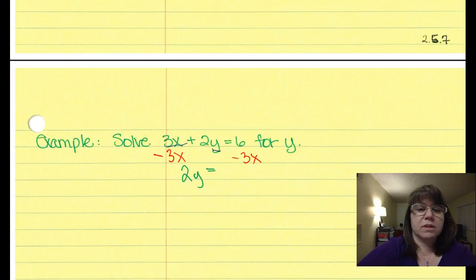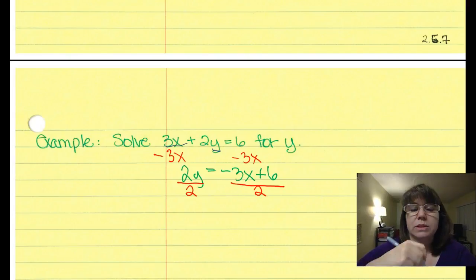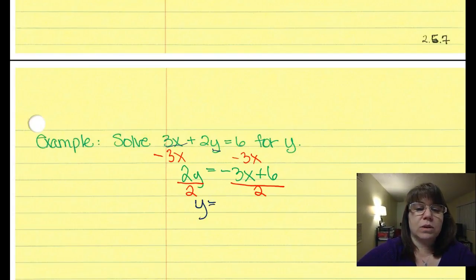Now I have 2y equals negative 3x plus 6. Now it doesn't matter if you said 6 minus 3x or negative 3x plus 6. Same thing. The next thing I need to do is what's happening to y. Right now I'm multiplying by 2, so I just need to divide by 2. Divide by 2, the whole entire side, not just one little old thing. Now I'm left with y equals negative 3x plus 6 all over 2.